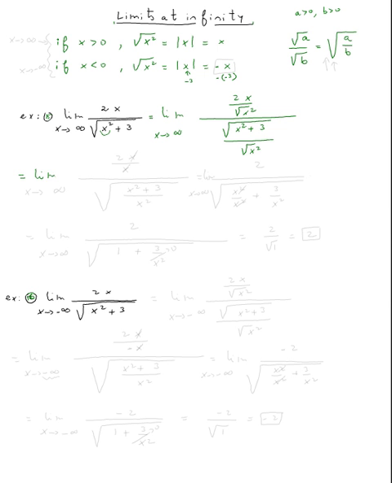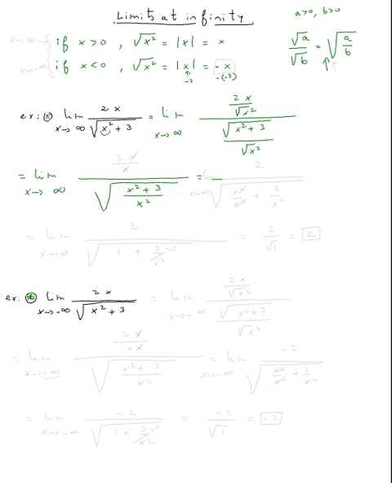This is equal to the limit as x approaches infinity. So let's start with the denominator. The reason why we want to use this property: this is going to be equal to the square root of x squared plus 3 over x squared. Right? Now, let's not do the top yet.